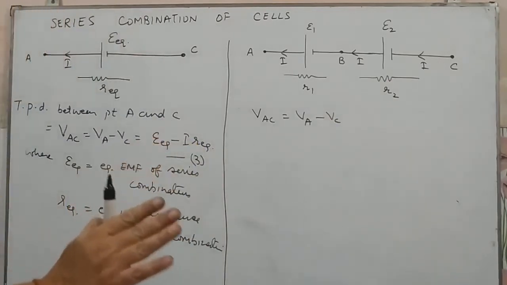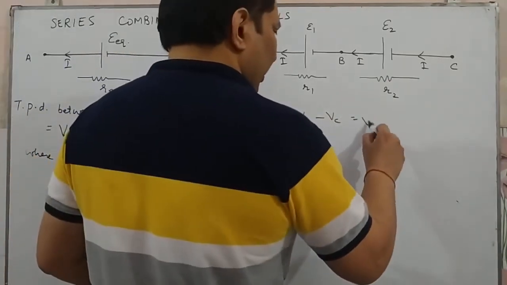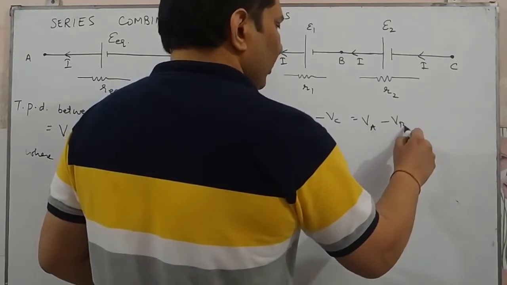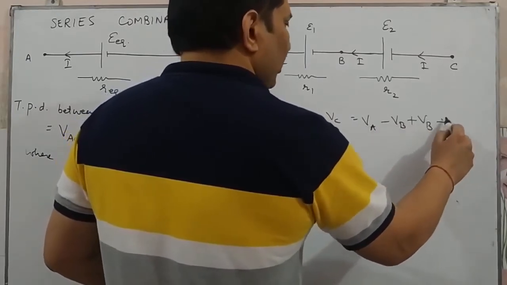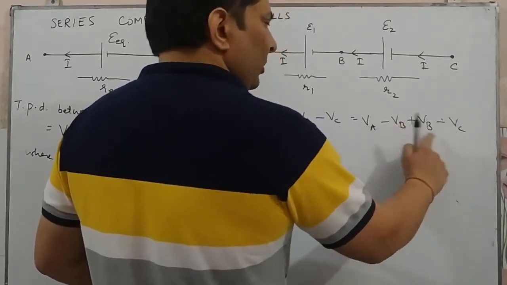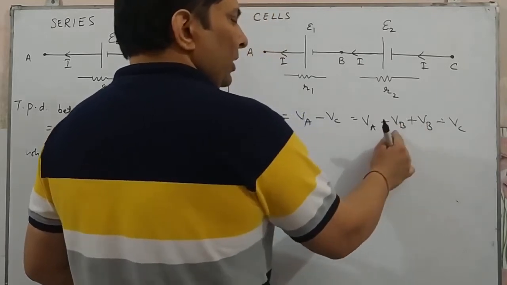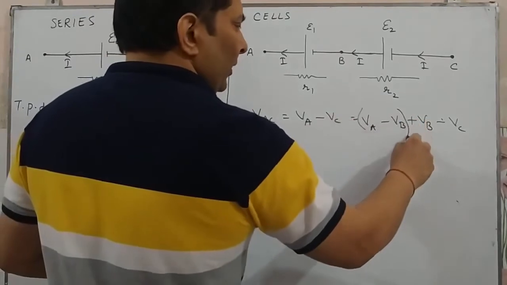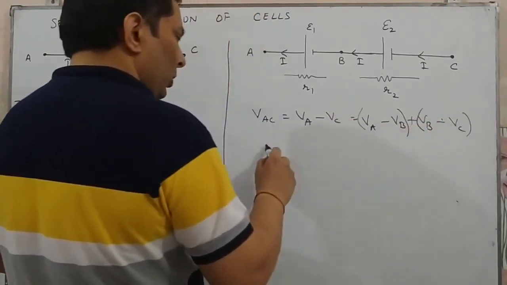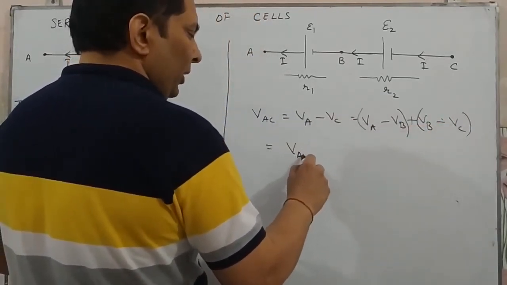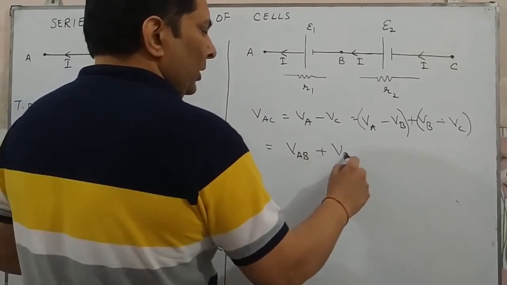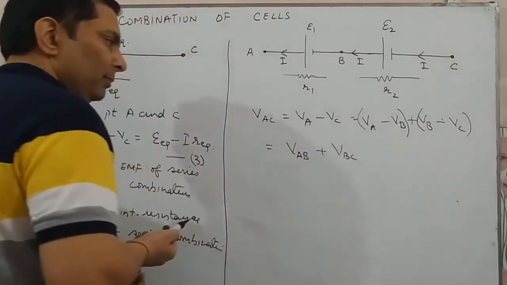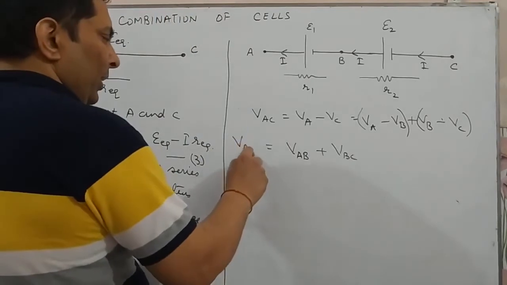Introducing minus VB plus VB, which is 0 because VB minus VB is 0, and with a little arrangement we get V_AC equals V_AB plus V_BC.